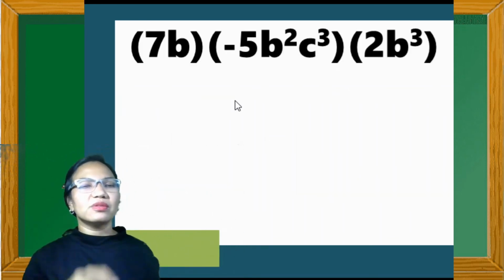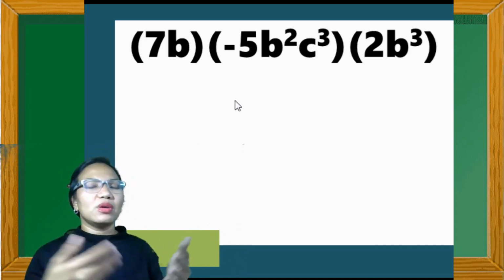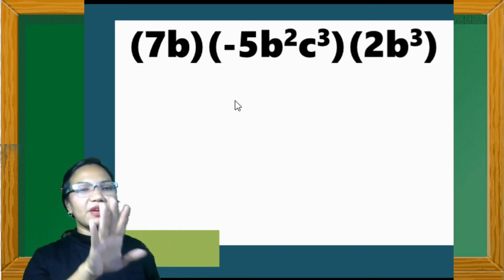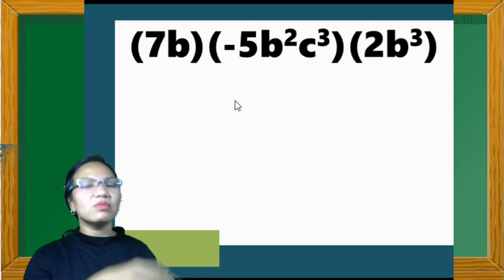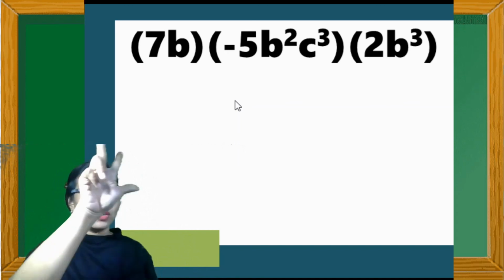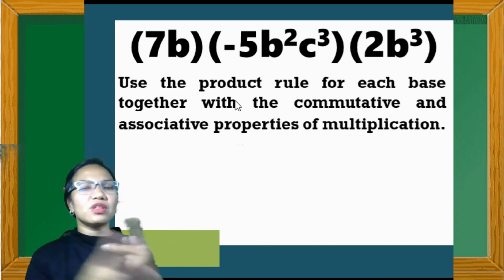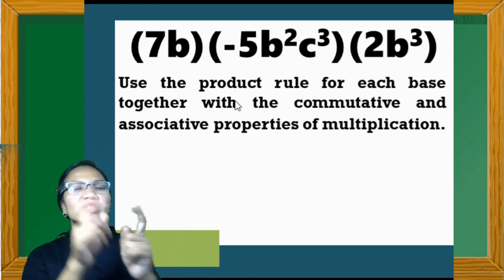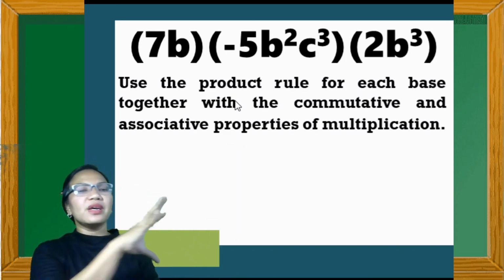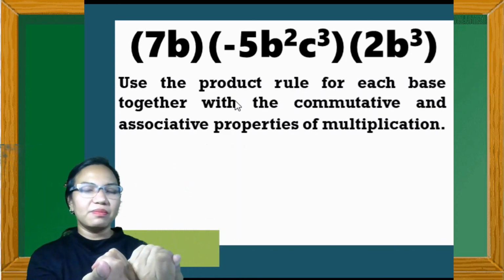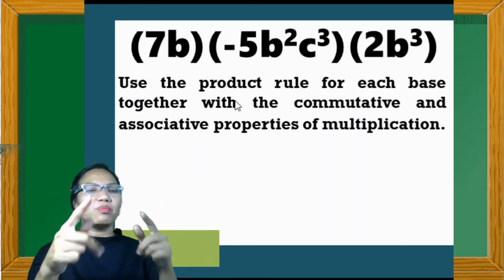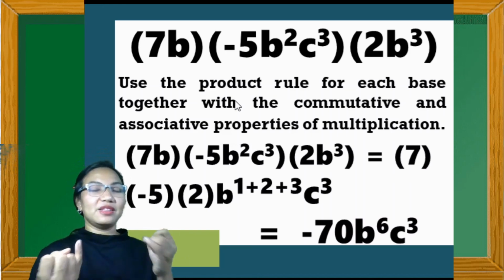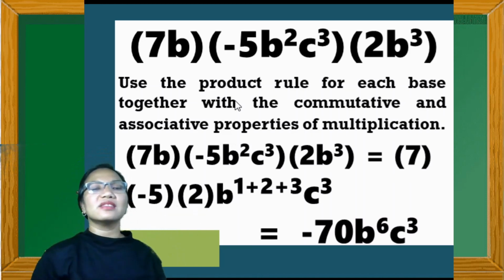Next expression: again, it has 7b, and another, negative 5b squared c cubed, and another 2b. So we use the product rule for each base and also apply the commutative and associative properties of multiplication. Observe and look at it independently.